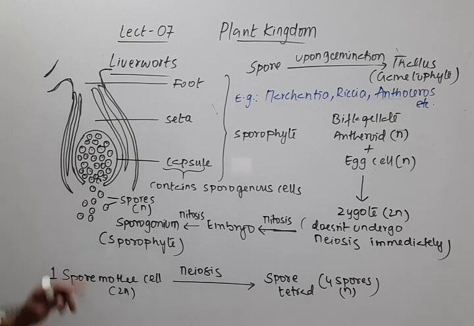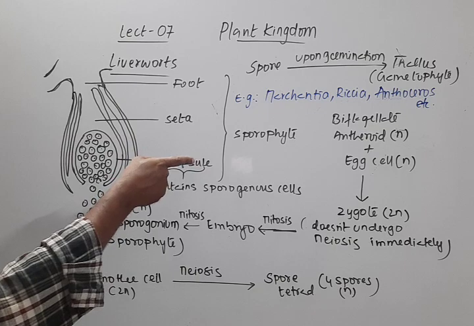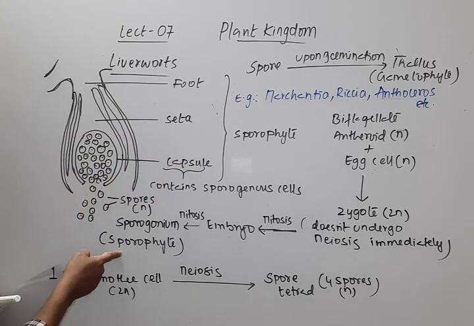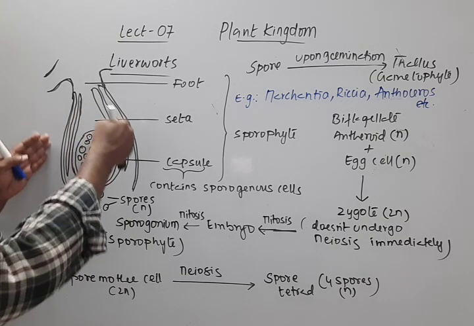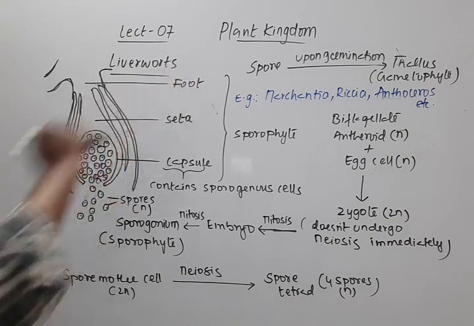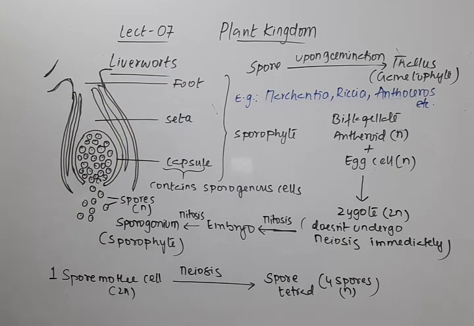The sporophyte is also capable of performing photosynthesis. It absorbs only certain nutrients, I mean inorganic substances, from the gametophyte, but it prepares the food materials itself. So the sporophyte performs photosynthesis and the gametophyte also performs photosynthesis, and the sporophyte is dependent on the gametophyte because this whole structure I have drawn actually developed on that thallus.